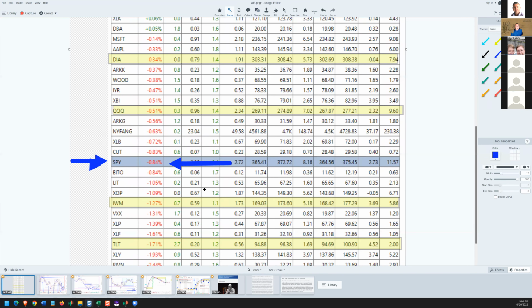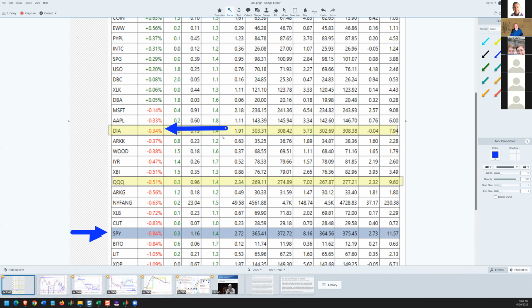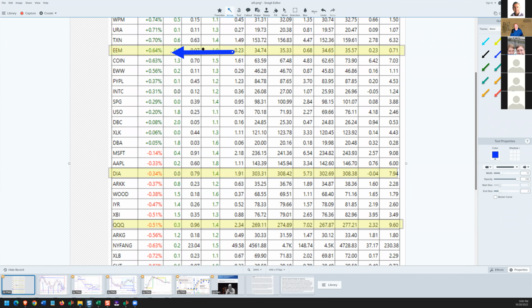The Russell was weaker at 1.27. Treasuries down at 1.71 for the weakest, and they're at 90, basically 95 now. Stronger was tech at minus 0.51. Diamonds at minus 0.34. And emerging markets were the best of the indexes at a positive 0.64. Here was the cut line between gains and losses.